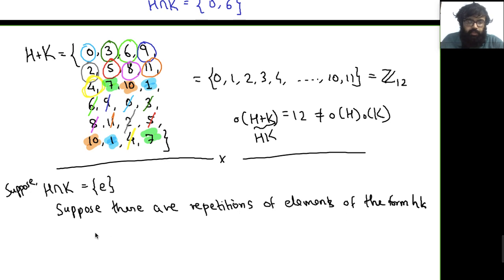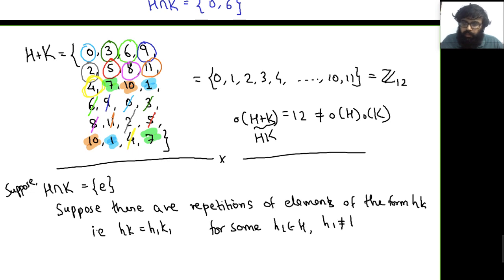That means suppose HK equals H1 K1 for some H1 in H but H1 is not equal to H, and K1 in K but K1 is not equal to K.